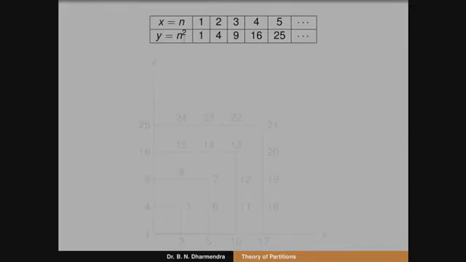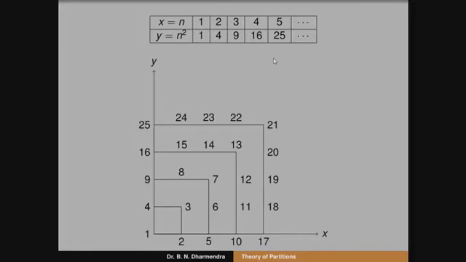Similarly n square, a square number, can be written as 1, 4, 9, 16, 25 by using the natural numbers. So on that graphical representation of a square number, suppose n is equal to 1, the number is 1, and similarly n is equal to 2 represents a square number 1, 2, 3 and 4.